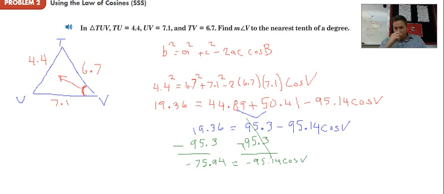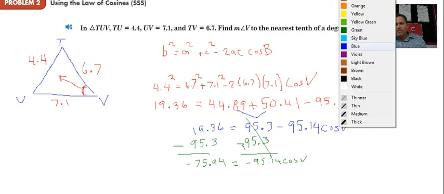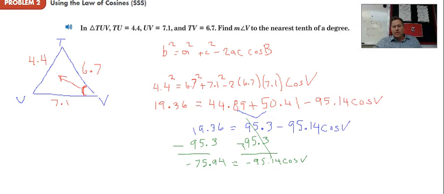Now these are multiplication, so I need to get that cosine of V all by itself. I'm going to divide both sides by negative 95.14, so that these can cancel.